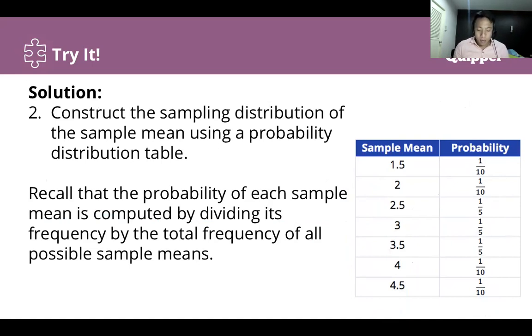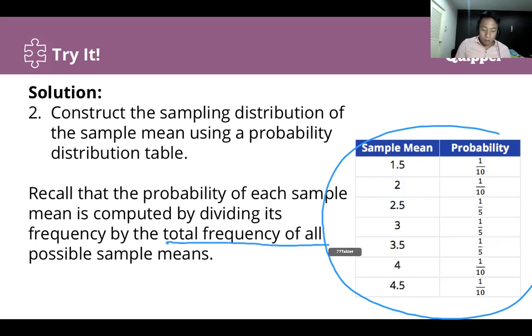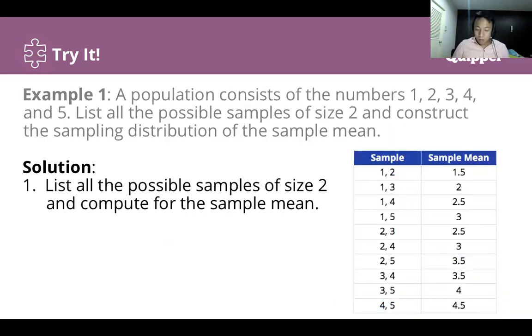Okay? Construct the sampling distribution of the sample mean using a probability distribution table. So this is what we call probability distribution table. Recall that the probability of each sample mean is computed by dividing its frequency by the total frequency of all possible sample means. Right? So yung sinasabi ditong total frequency of all sample means, ilan yung sample means natin? We need to count how many.